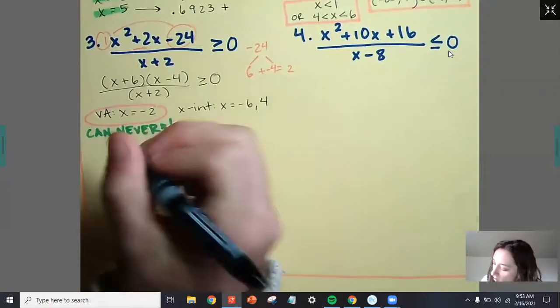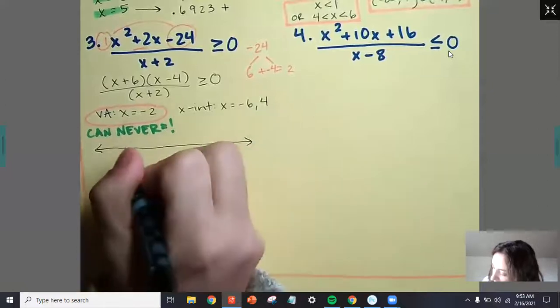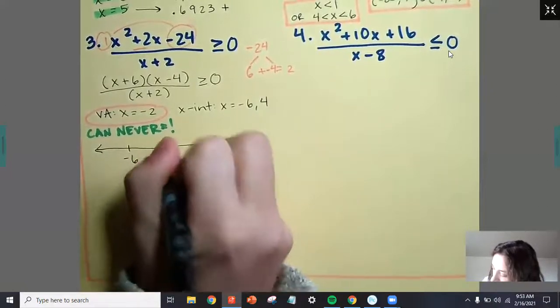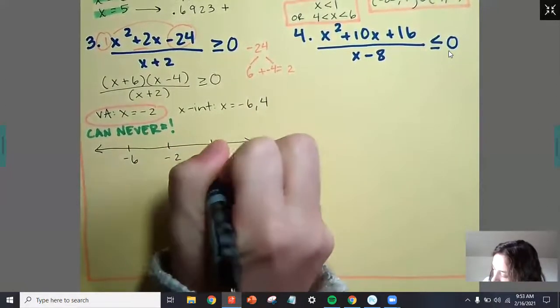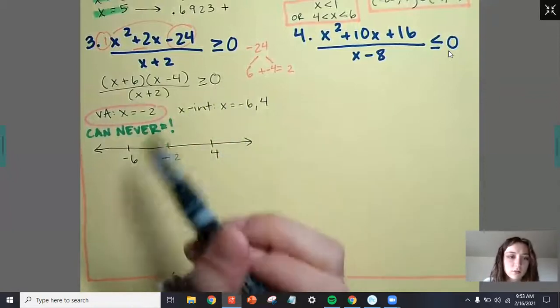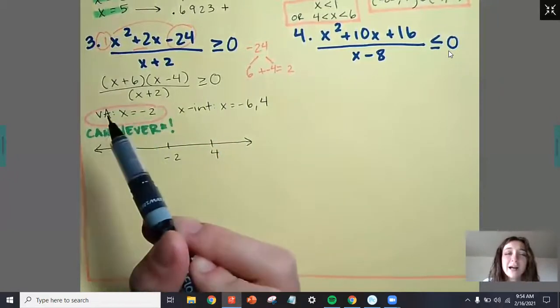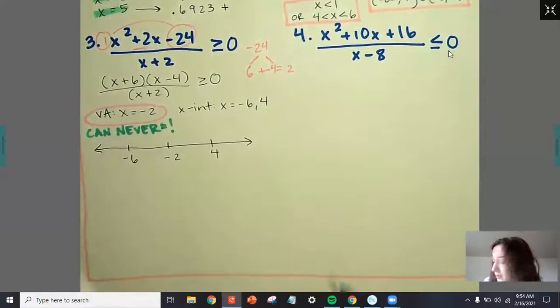So let's draw our line here. And we're going to have the following points: negative 6, negative 2, and positive 4. And let's just go ahead and write out our open circles or closed circles here. So at negative 2, since I can never equal a vertical asymptote, I have to draw an open circle there.